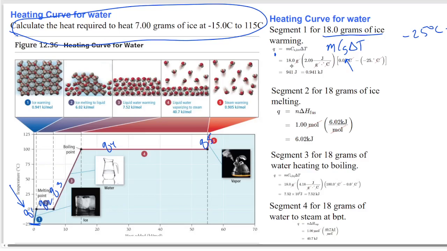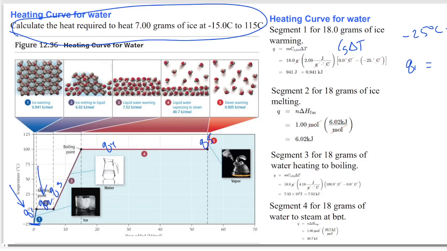So 1 mole of ice is 18 grams of ice, and here we have 18 grams times the C sub s for ice, 2.09 joules per gram degree C, times T final minus T initial, so 0 minus negative 25. So Q1 is equal to 941 joules, which is 0.941 kilojoules.